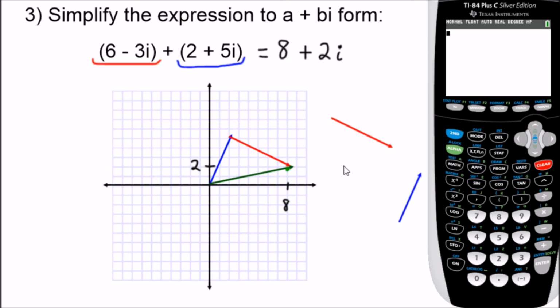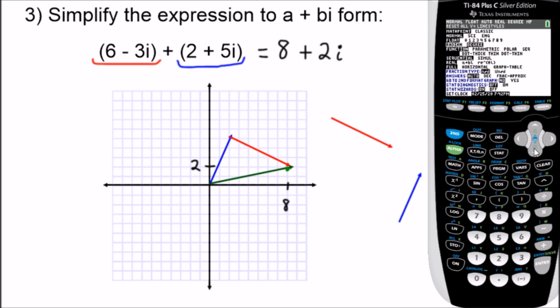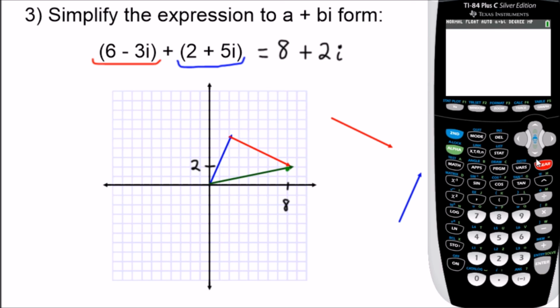This is just a little bit of an extension to understand the concept of this stuff. And one final thing here too, the calculator, the TI series, can add complex numbers together. If you were to go to mode and switch from real to a plus bi form, that's switching it to complex form, you could just type in this entire expression. So we have 6 minus 3, and the i is second decimal.